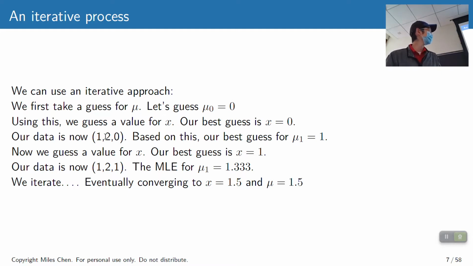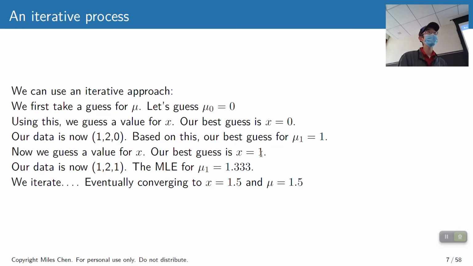Then we say, if our data is now 1, 2, 0, what's our best guess for the unknown mean mu? We use the mean of our sample, and we would guess our unknown value mu to be 1. Now that we have mu as 1, what's our best guess for the missing value x?